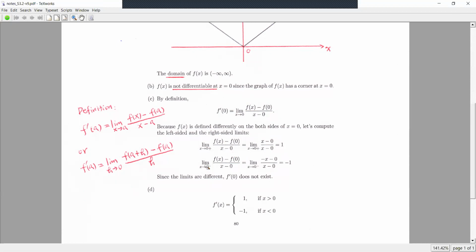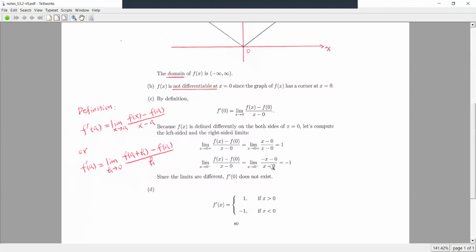Now, the left-hand side limit at 0. X approaches 0 from the left side. X is less than 0. When x is less than 0, the function is negative x. So I have this equation. Now, this fraction is negative x over x.